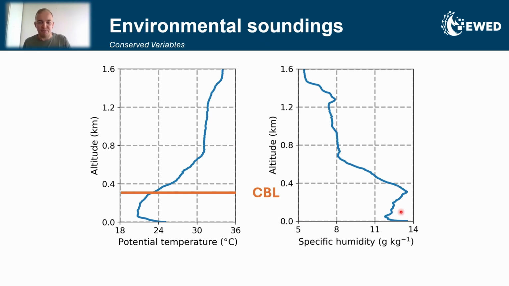We see kind of a mixed layer where the specific humidity is relatively constant over height, and then just below 400 meters altitude, we see an extreme drop in specific humidity, indicating the top of the convective boundary layer at this specific height, supporting our finding of the convective boundary layer height based on the potential temperature profile. So here you see that sometimes the potential temperature profile can be sufficient, but the sounding also always measures the specific humidity. And this can really help in understanding the vertical profile of the environment.